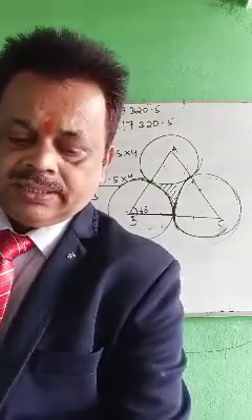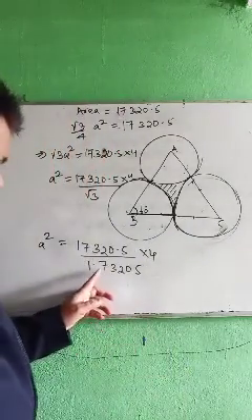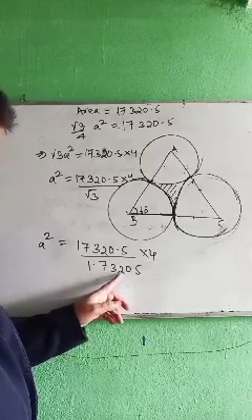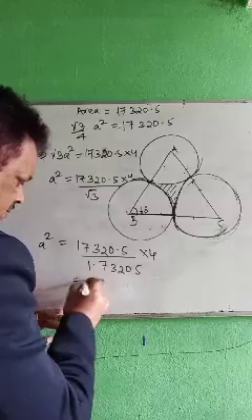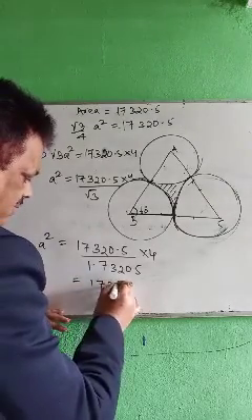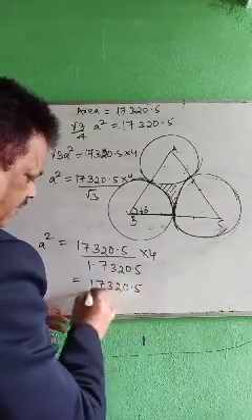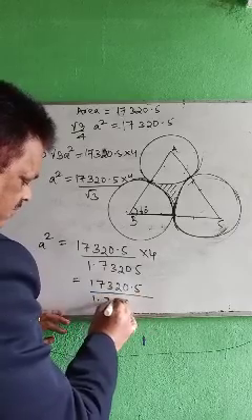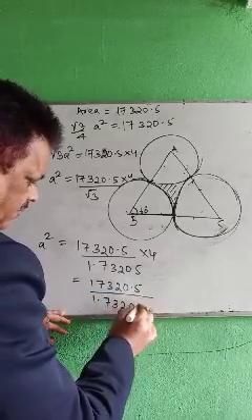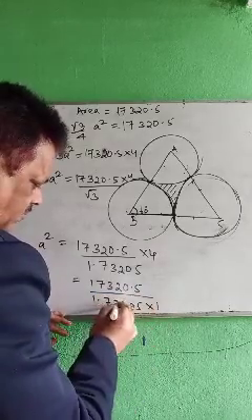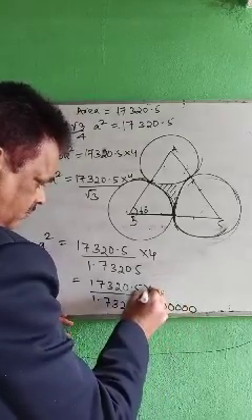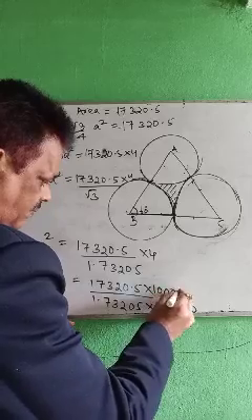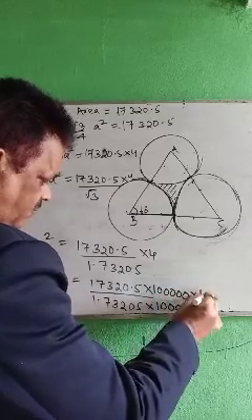Okay, now look at here. If you have to remove decimal, 5 zeros required. That means 17320.5 by 1.73205 into 5 zeros, then 4.